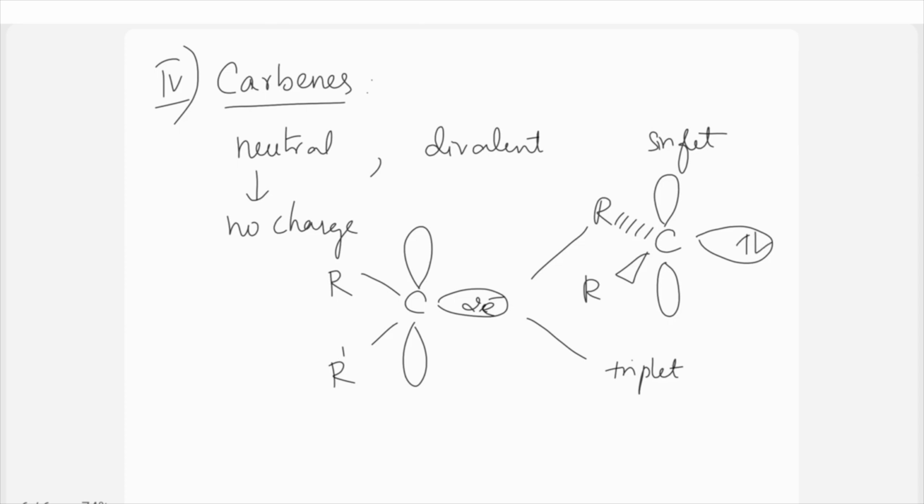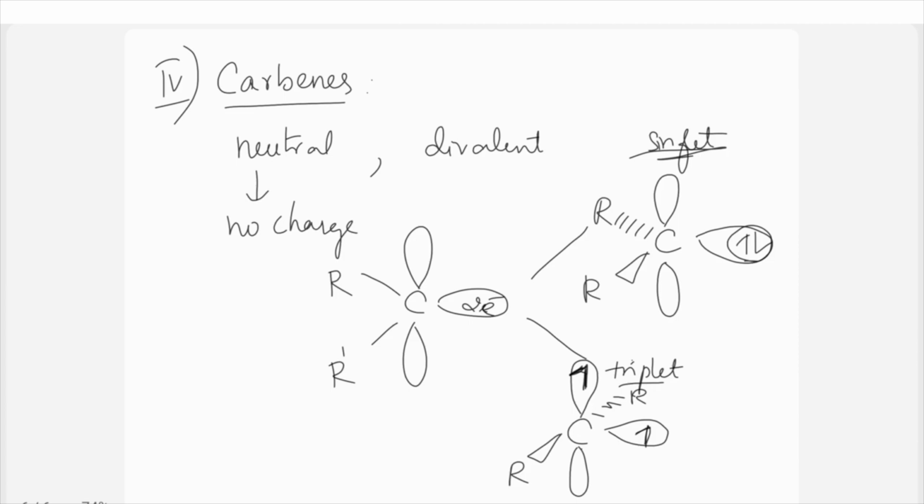This is considered to be a singlet, whereas instead of paired electrons, if there are two electrons with the same spin, in case of singlet, the paired electrons are having opposite spin. In case of triplet, the electrons are not paired, and both are with the same spin. Such kind of arrangement is said to be singlet and triplet.